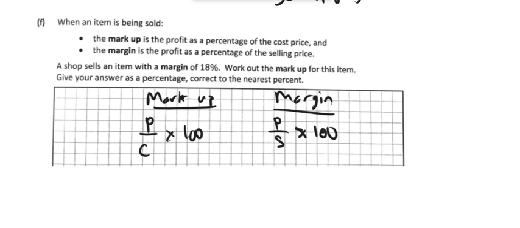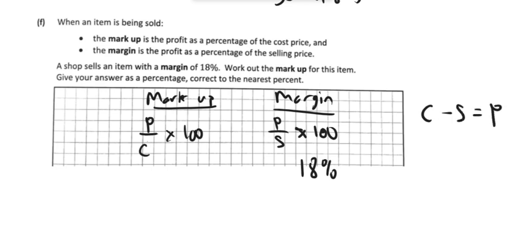That's how you get margin. So we know that the margin here is 18%. So when we put all that in, it should give us 18%. We also know that cost price minus selling price is equal to profit.